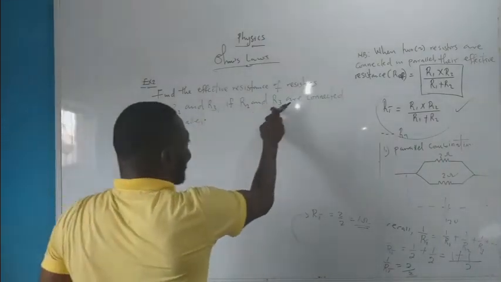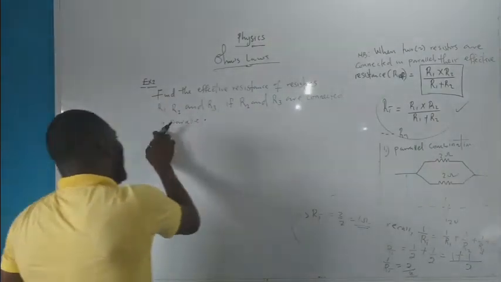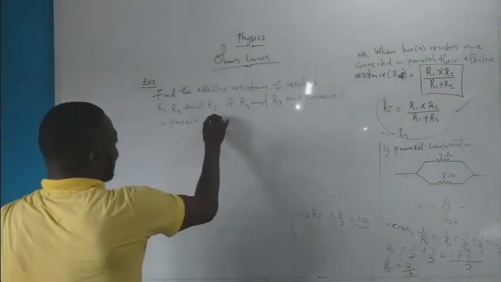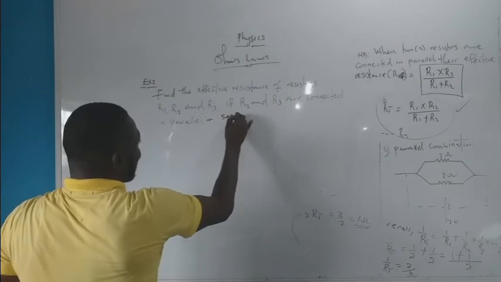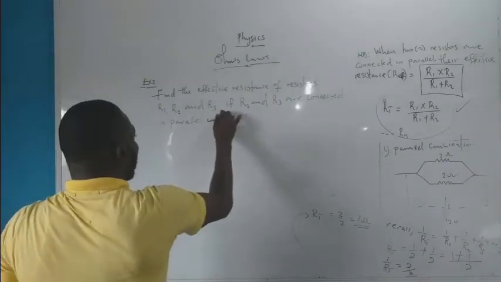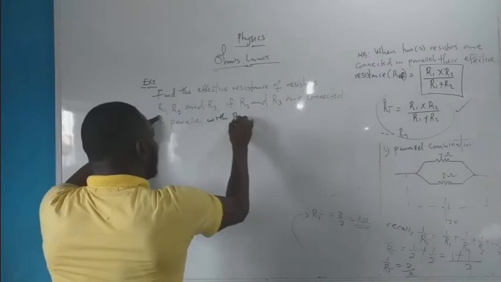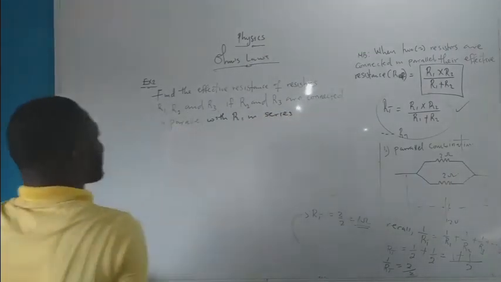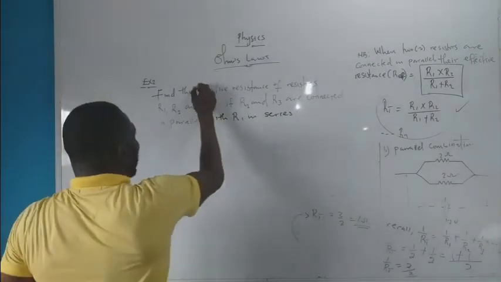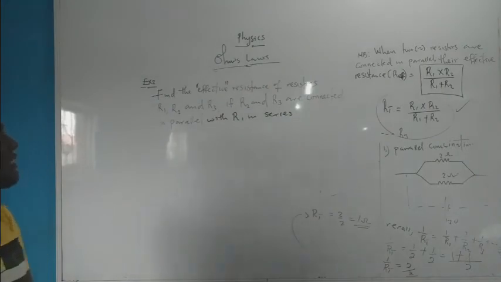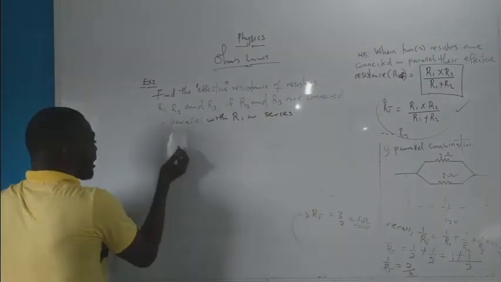That's the total resistance. Okay? So draw the circuit diagram.